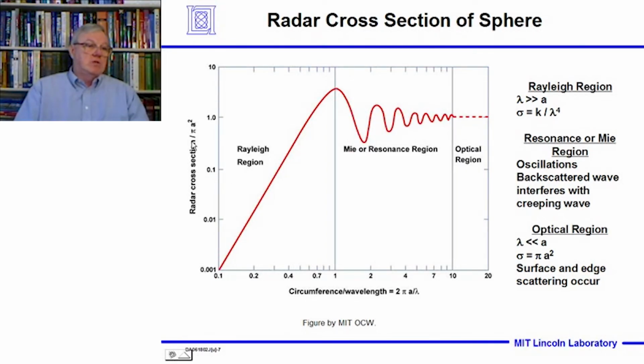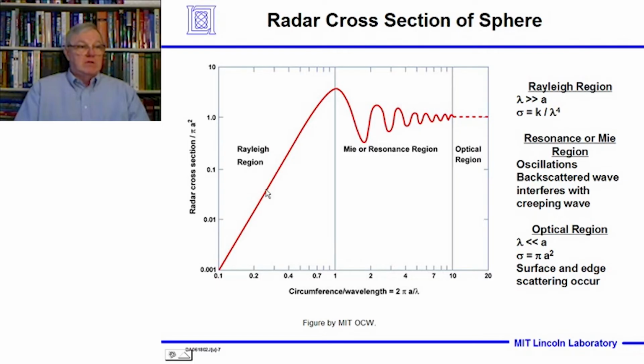And what we're measuring is the radar cross-section normalized to pi r squared, which is just the area of a circle. And then we're comparing that on this axis to the circumference of the sphere divided by the wavelength, and we see as we go down here, we're going to bigger and bigger size objects.